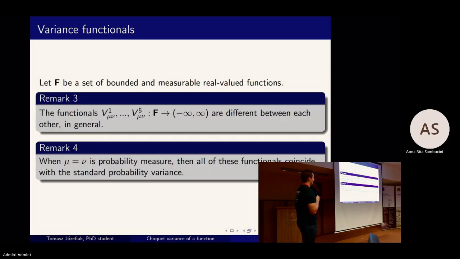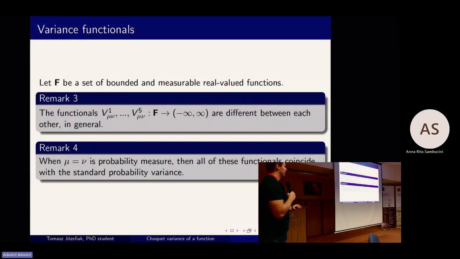Remark 4 comes back to the idea behind the Shortcut integral: in probability theory it generalizes the expected value, and here we can see how this generalizes the variance. All of them become the standard probability variance if we are dealing with the same probability measure.